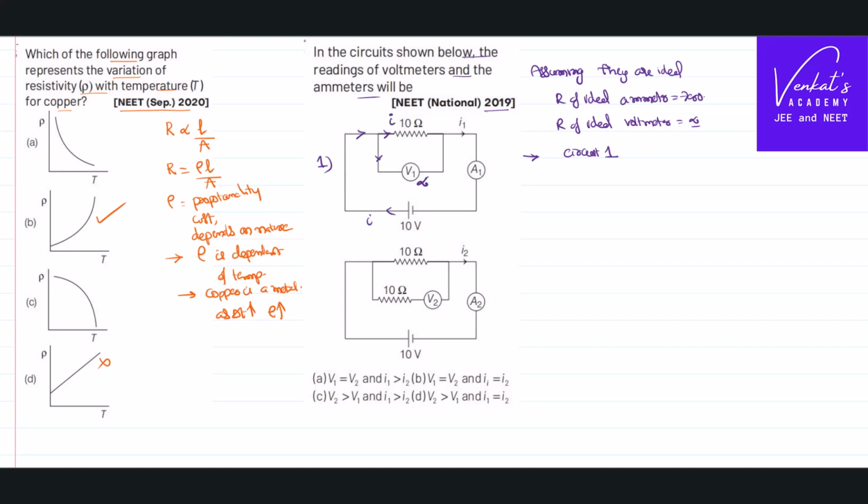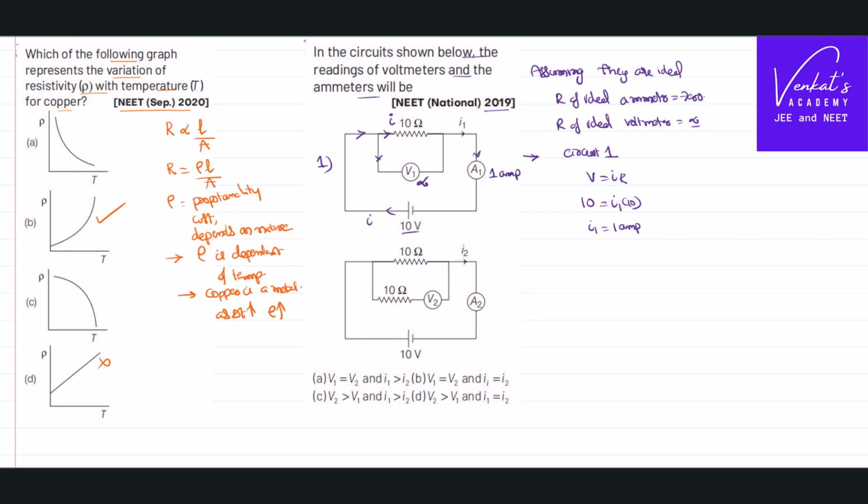So, ideally the entire current passes through the 10 ohms itself, and I can write V equal to IR. V that is applied is 10 volts, I we do not know, let us call it I1, resistance is 10. So, I1 equals 1 ampere, that is being shown here as 1 ampere.